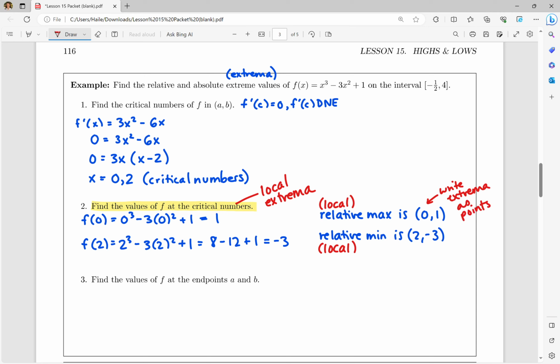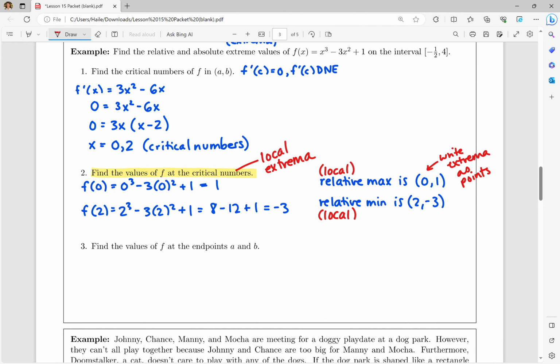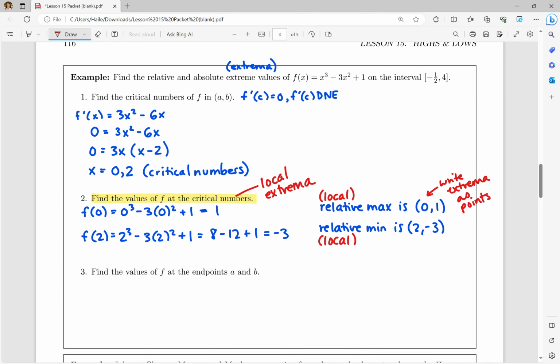It's very important that the maximum and minimum is not just an x value. If they ask for a maximum and minimum value, that can be a y value, but most of the time we're talking about x and y values together because we're talking about graphs, so we want to make sure we have points.